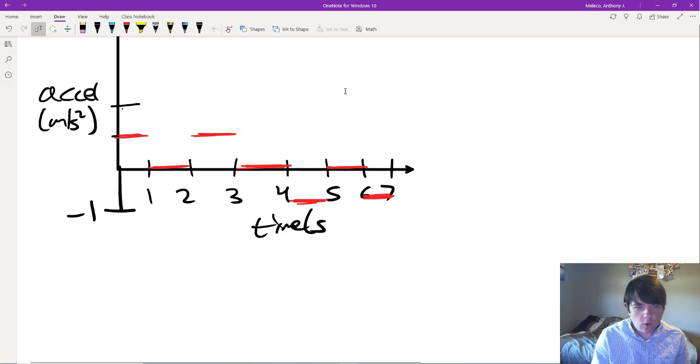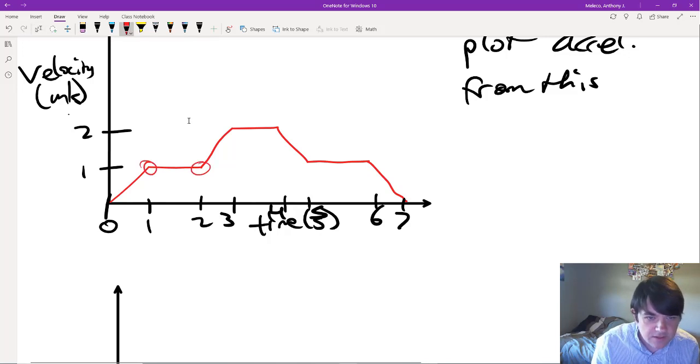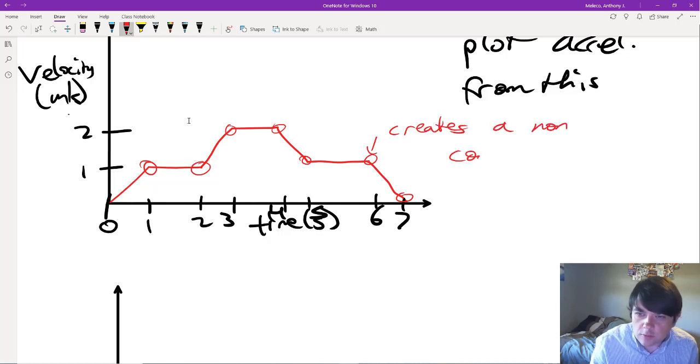Now you must be wondering why the breaks. Some people put dotted lines here. That's because whenever you're creating a graph like this and there's these breaks right here, you see that? It's rigid. Whenever there's these breaks, it creates a non-continuous slope.